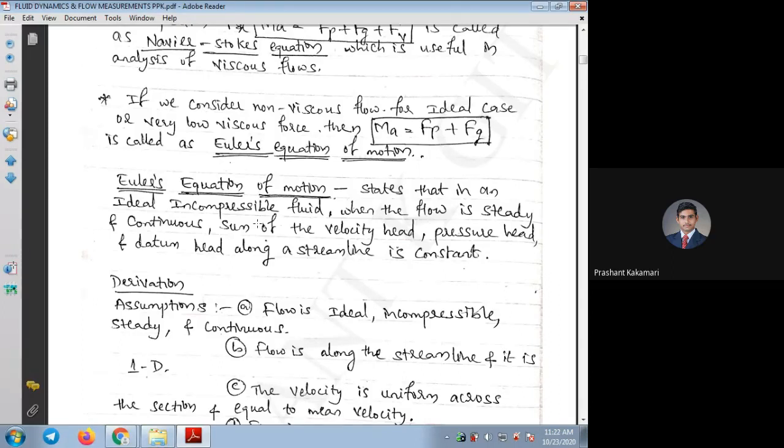in that condition, what is the result of forces? There, we are going to consider the sum of velocity head, pressure head, and datum head. This we are going to derive in the given derivation, or after the derivation you can define it. So what did he define? The water head due to velocity, the water head due to pressure, and the water head due to datum. Datum means the water may be falling from a mountain to the ground.